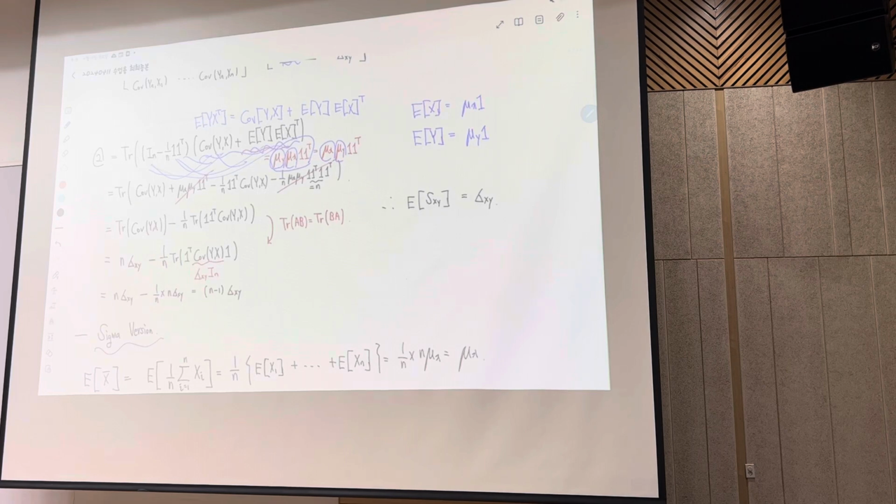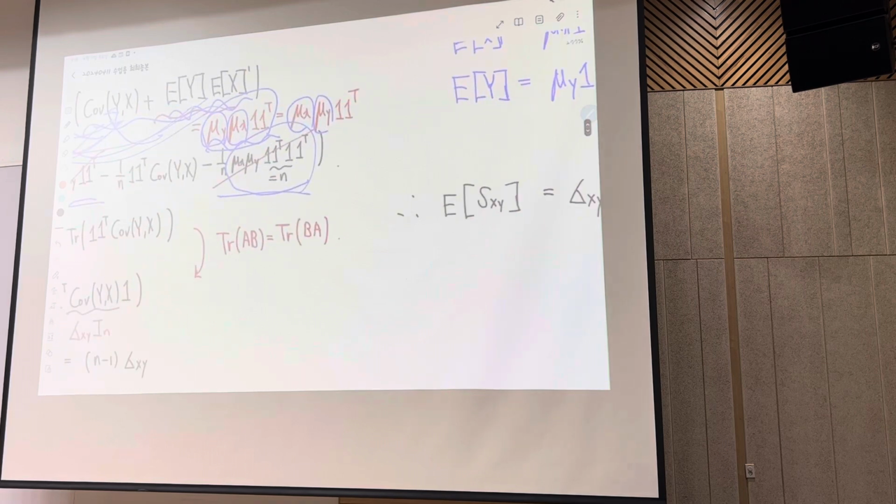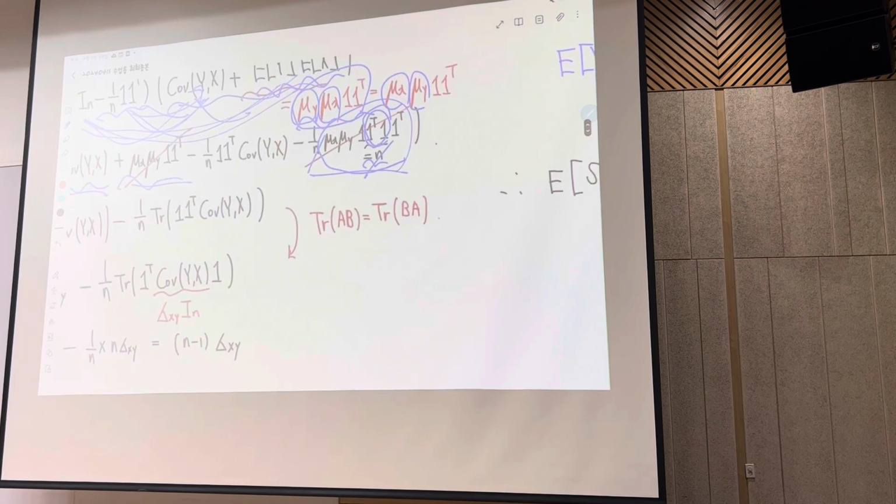Then this one, covariance y, x, here, just calculate. Then in here, 1 transpose 1 is equal to n. So n cancelled out. Then this term and this term are the same, so they can be cancelled out.